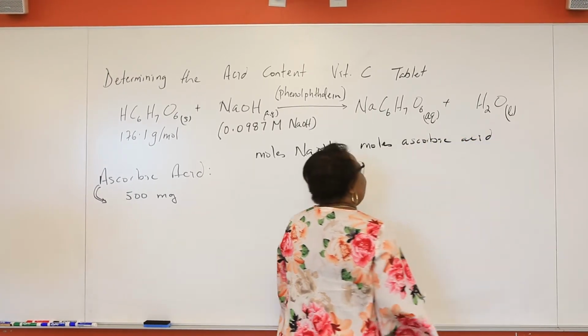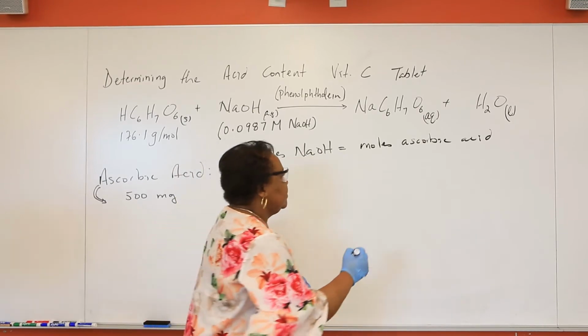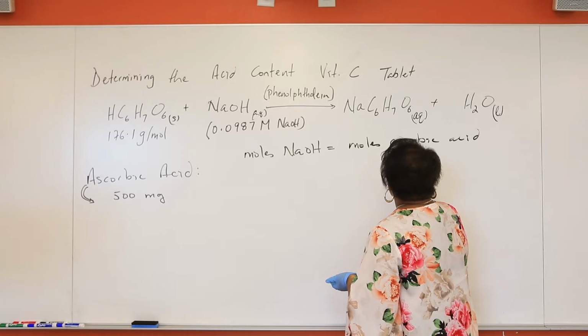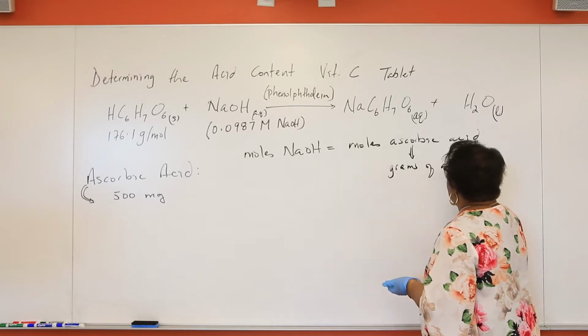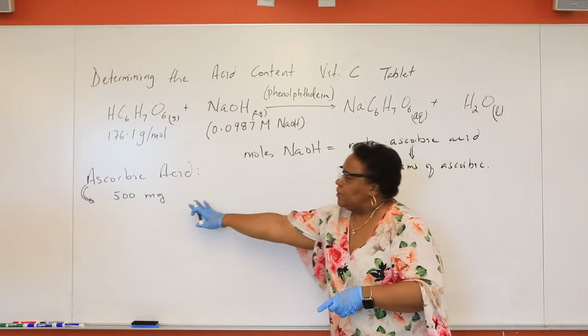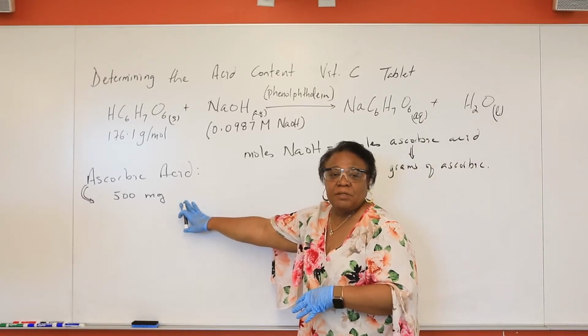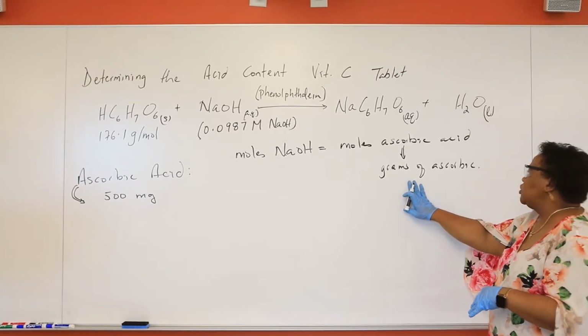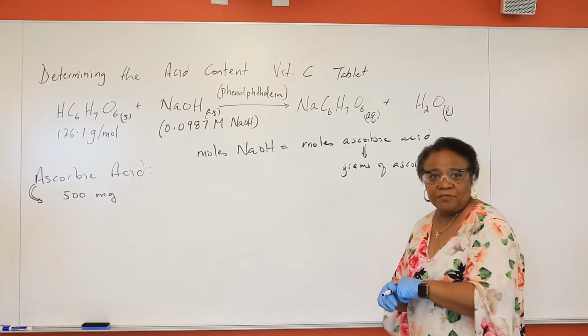And if I know the moles of ascorbic acid, we can convert this to the grams of ascorbic acid. My goal is for you to determine that mass in milligrams, but I know that we can all convert from grams to milligrams of ascorbic acid.